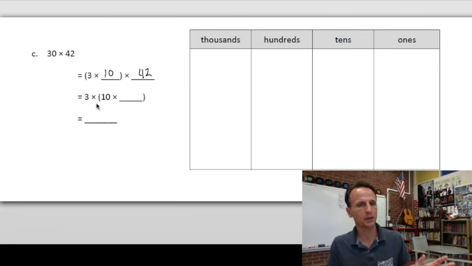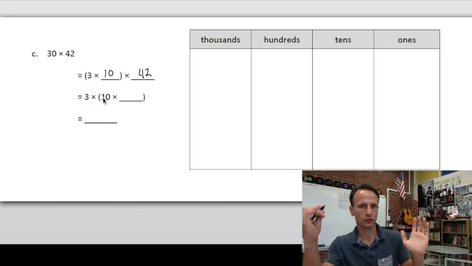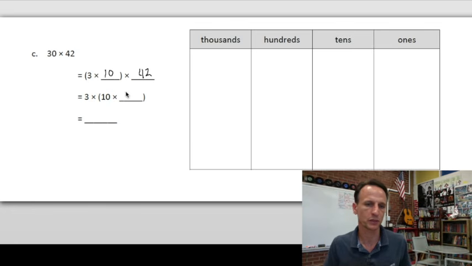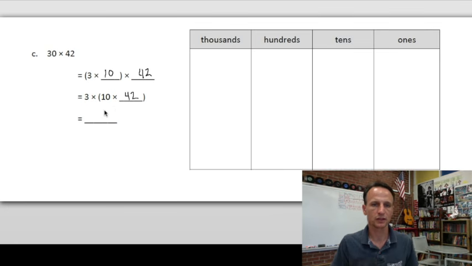Using the associative property, we group them differently to make the work a little easier for ourselves. So 3 times 10 times 42, which is 3 times, it just shifts up a place, ride the times 10 slide, so 420.